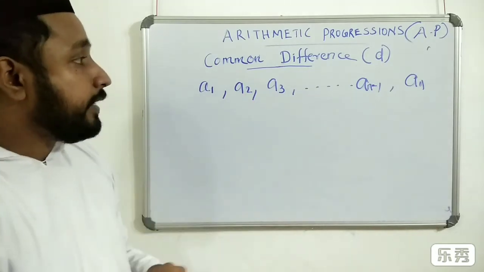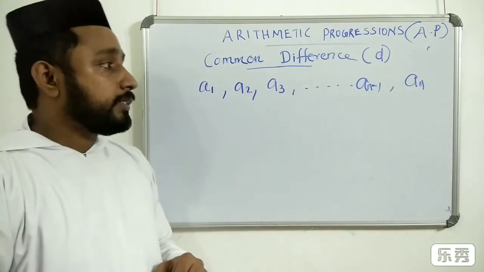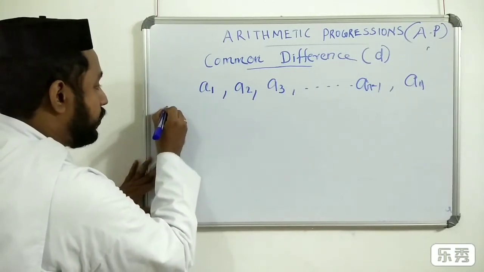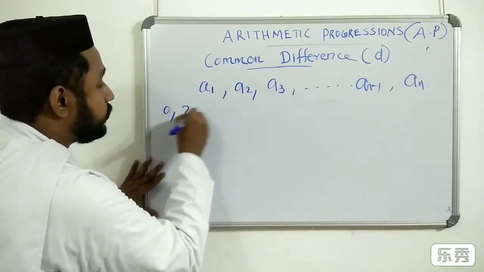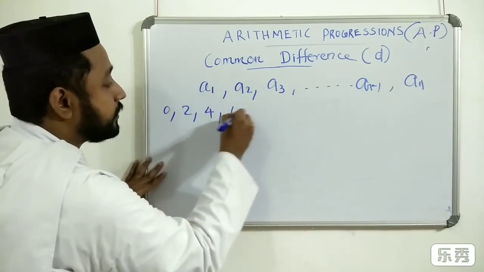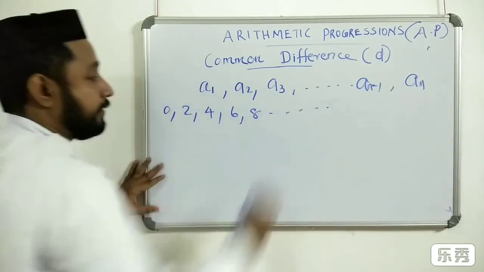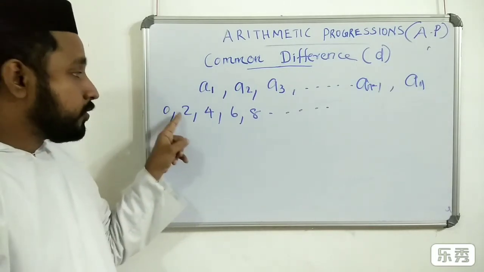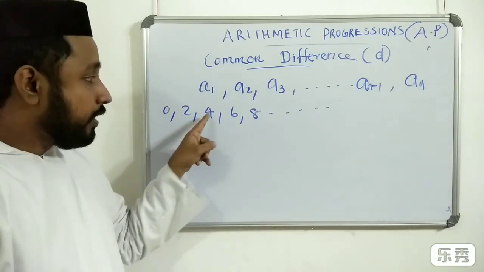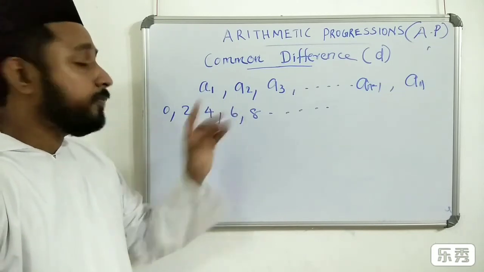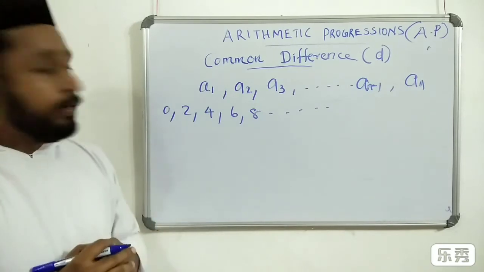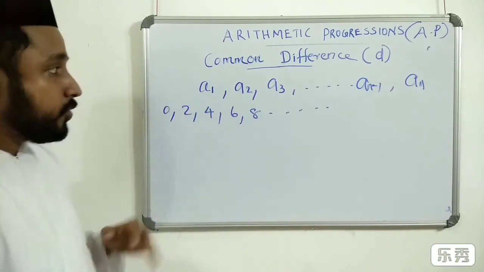In the example of even numbers 0, 2, 4, 6, 8, etc., we can see that 0 plus 2 is 2, 2 plus 2 is 4, 4 plus 2 is 6, 6 plus 2 is 8. So in each case 2 is added, then we get the next term.